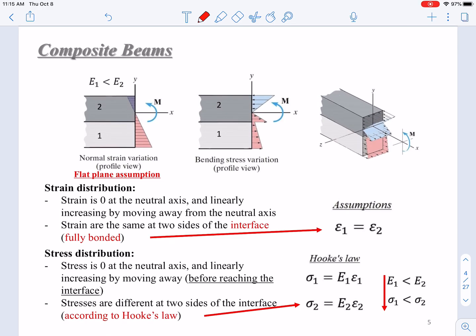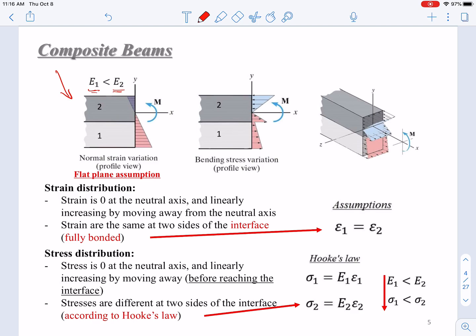Now let's look at the mechanics of composite beams. As we have talked about the flat plane assumption, this assumption also holds in composite beams. This assumption tells us that the strain distribution will follow this figure. The strain is 0 at the neutral axis. If you have a 50-50% composite beam with different materials in which the modulus of elasticity of 1 is lower than that of 2, the neutral axis will not be in the middle.